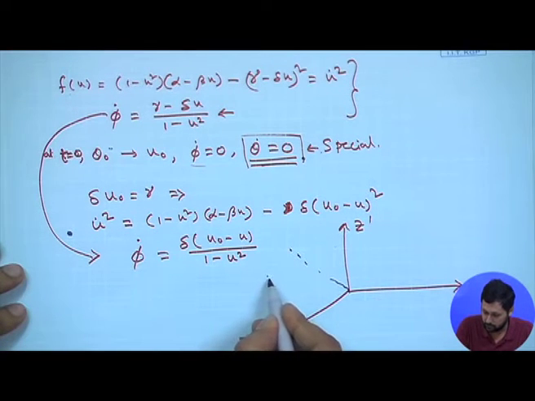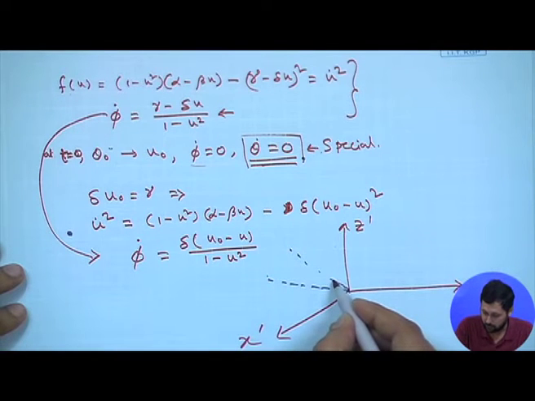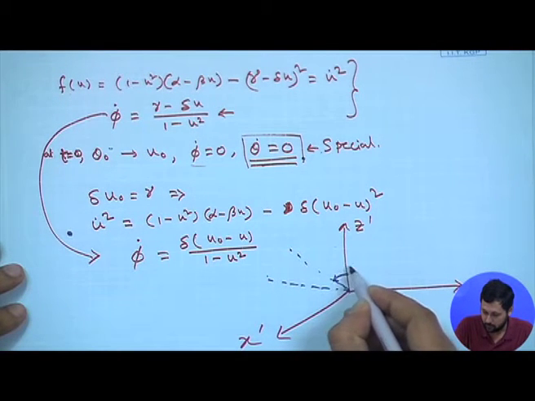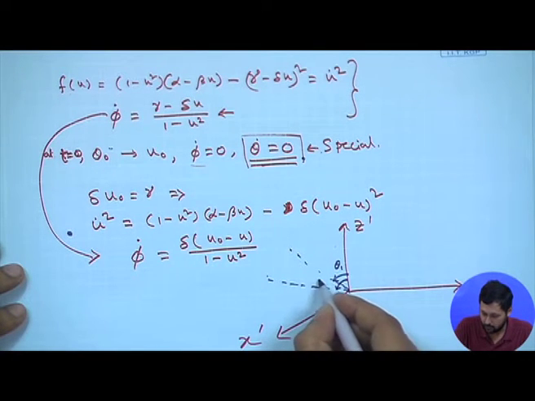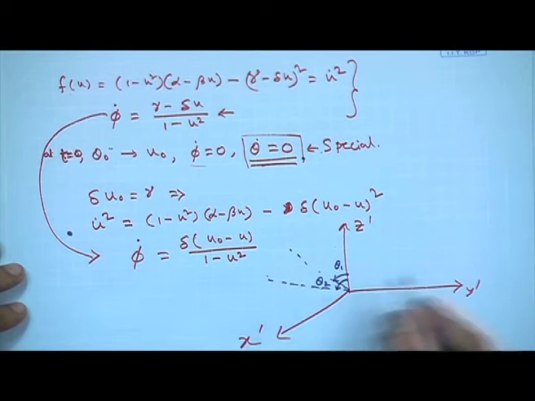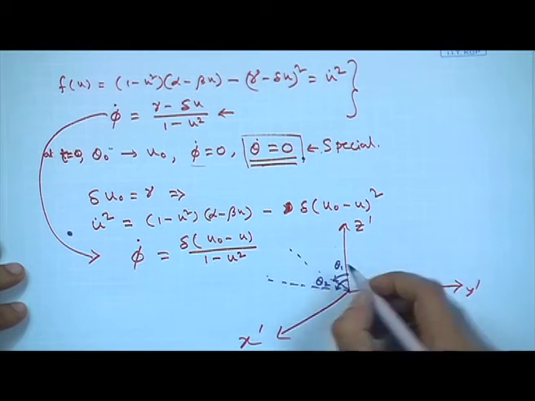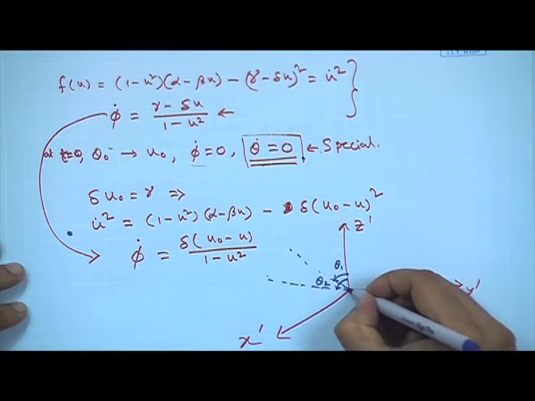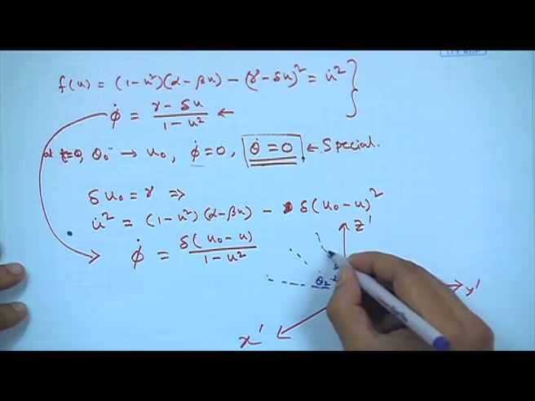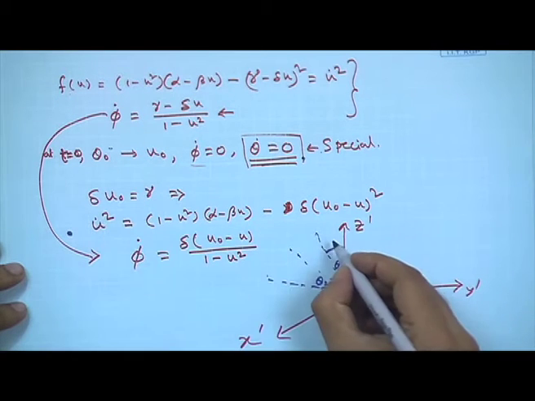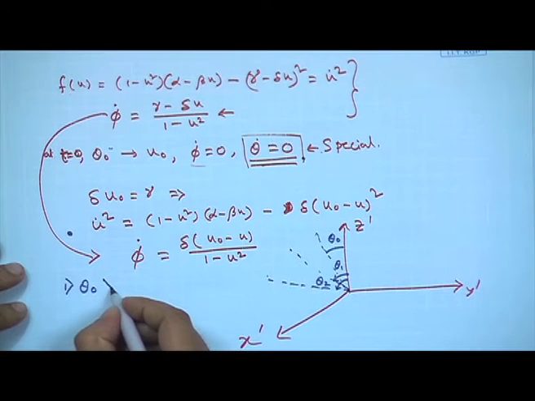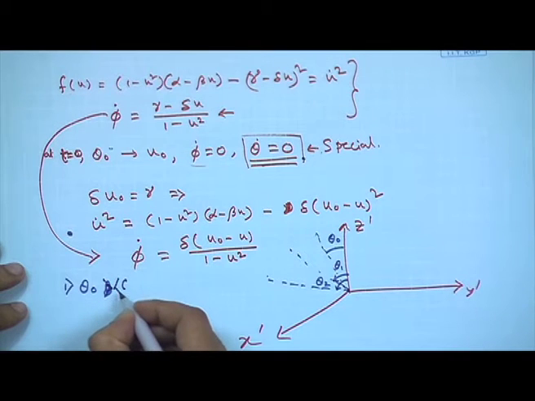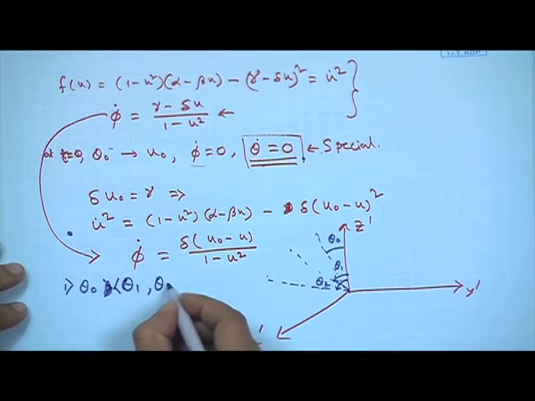Let us assume that these are the angles theta 1 and theta 2, which are the two bounds of the nutation motion. Your u 0 or theta 0 could be greater than, or rather less than, both theta 1 and theta 2.